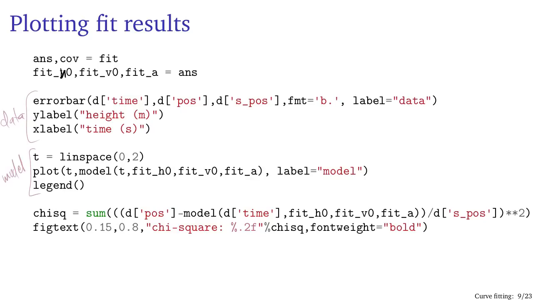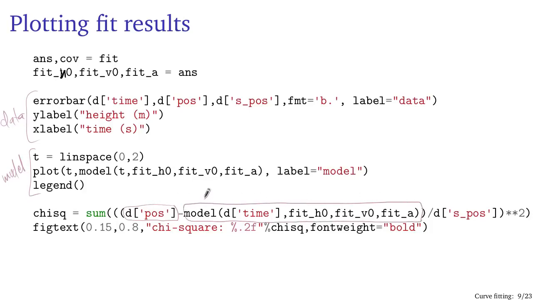Now, as an additional diagnostic, this is as good a time as any to compute the actual chi-square statistic. Curve-fit doesn't give you this for some reason, but the chi-square is easy enough to calculate. What computing the chi-square looks like in this context is, like I said, summing up the squares of the deviations between the data and the model. So the deviations between the data and the model means looking at the data, subtracting what we would expect to get from the model.